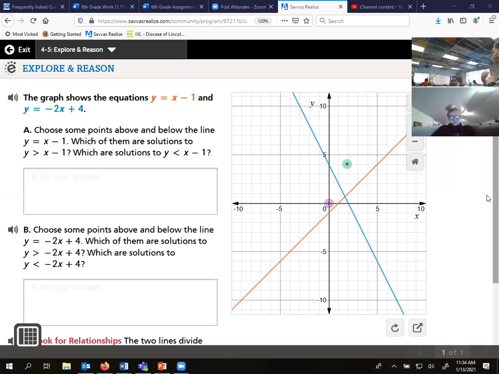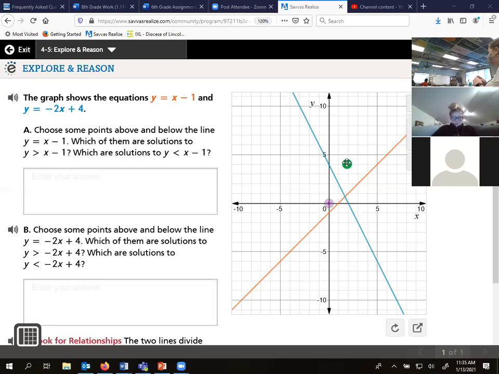Okay, so that would be greater than x minus 1, because this line tells us everywhere that is x minus 1. So this is greater than that. Okay, how about if we're comparing it to the blue line? Would you consider it to be above or below? I would say above, too. Okay, so then it would be greater than negative 2x plus 4.